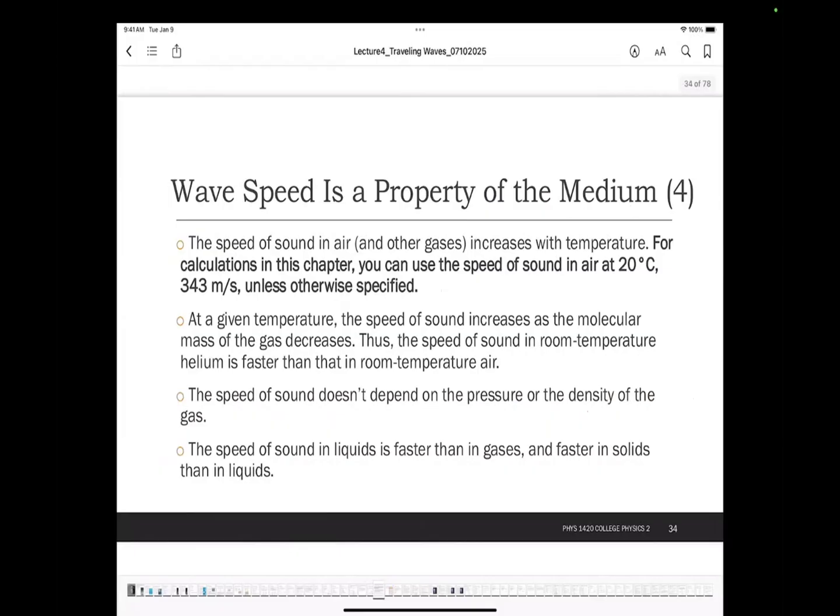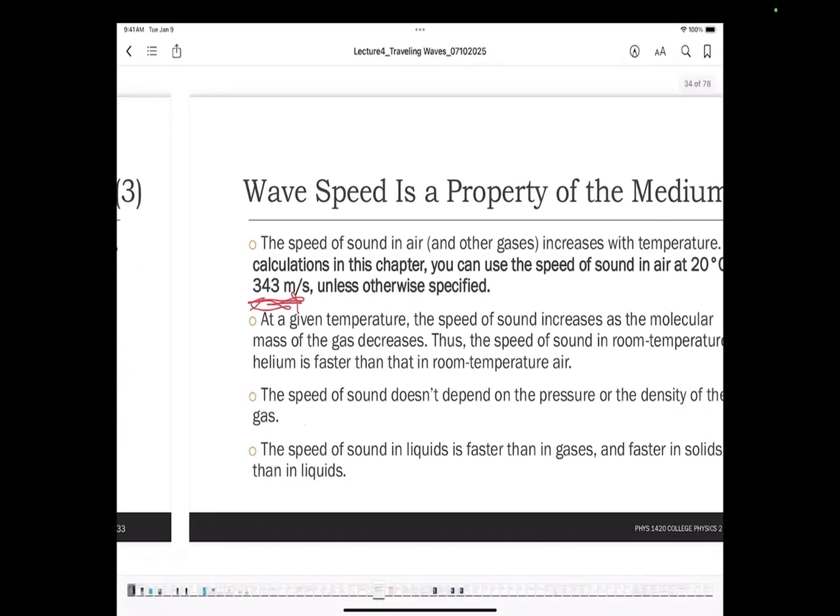Like when the question lets you calculate some speed of sound, you just use this number. At a given temperature, the speed of sound increases as the molecular mass of the gas decreases. Yeah, and you can see at the given temperature, the speed.